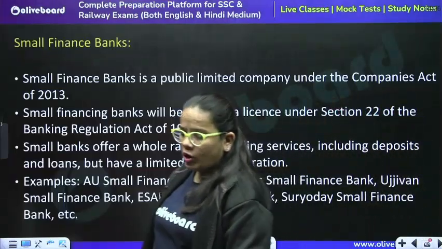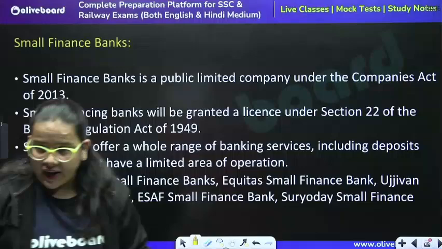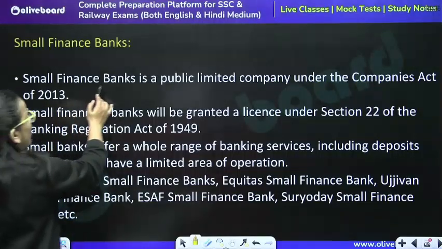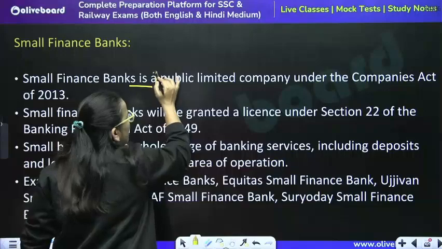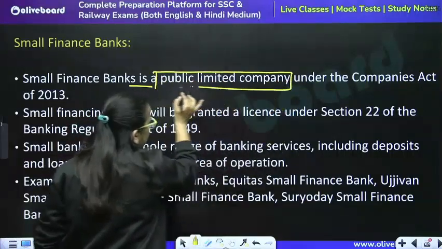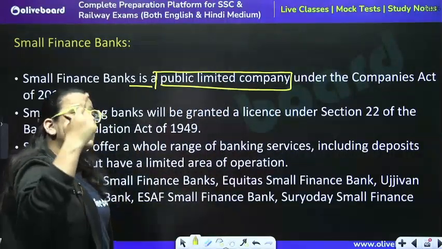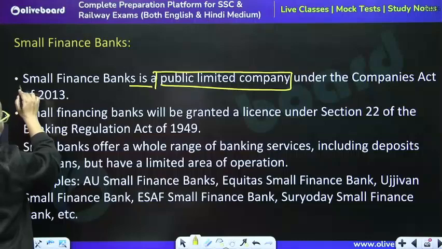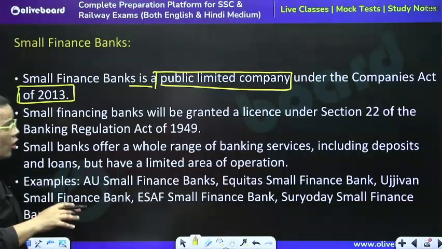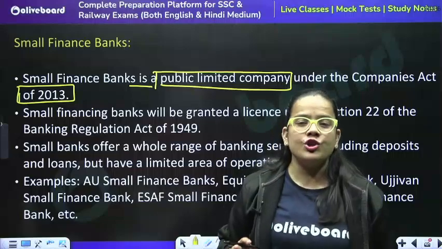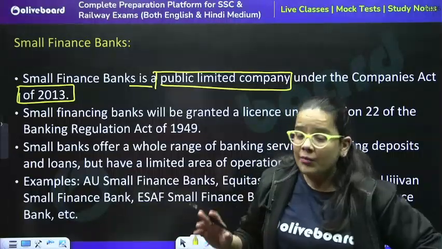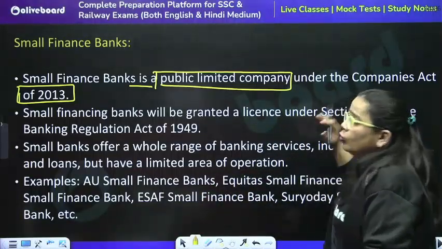Now let's talk about small finance banks. A small finance bank is a public limited company under the Companies Act of 2013. So these are not under the RBI Act 1934 Second Schedule; they come under the Companies Act.